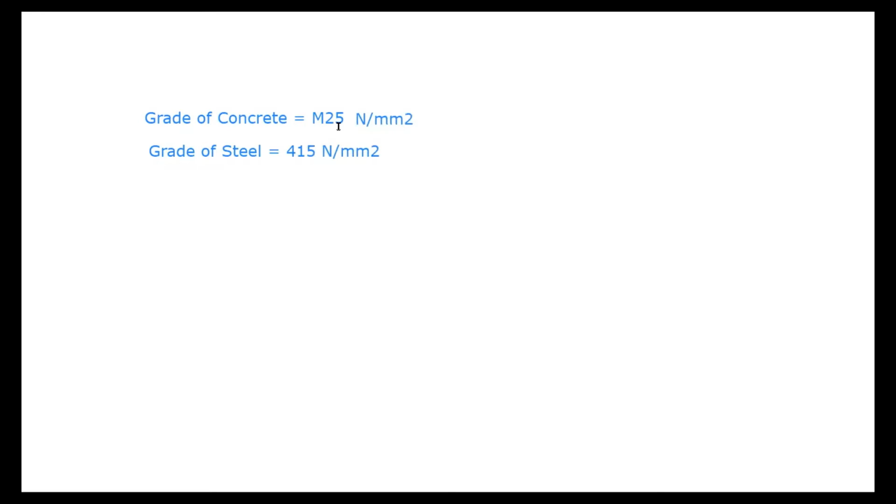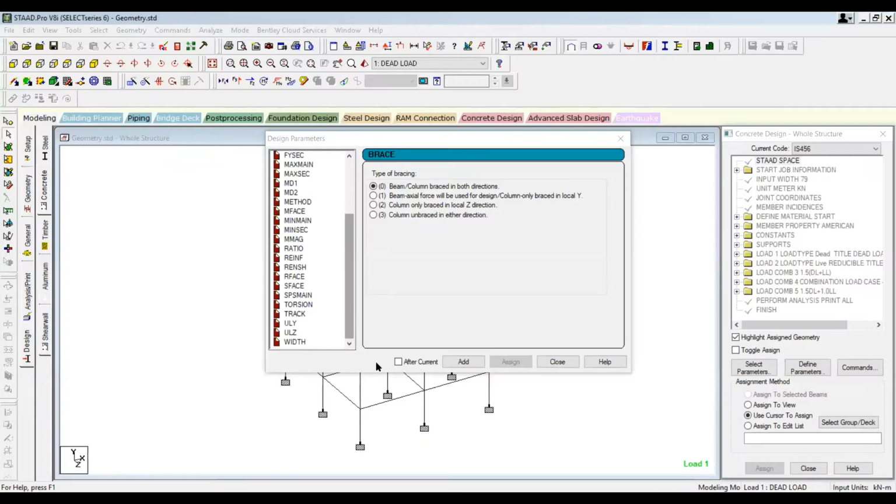So this is the grade of steel that we have to use. There will be a point over here, that is FC, and you have to click on that FC value.